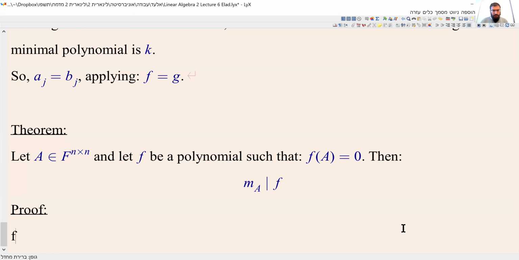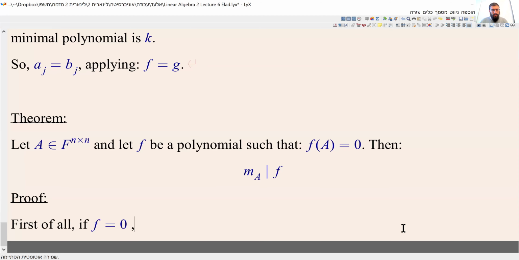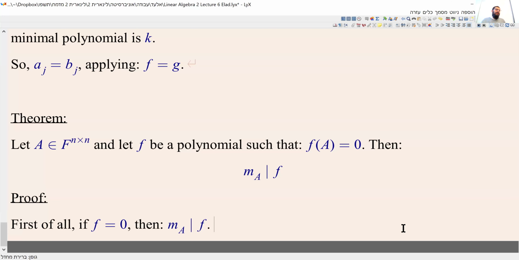First of all, be clear. If F is 0 and automatically it's zeroing A, then of course the minimal polynomial is dividing 0. Everything divides 0.